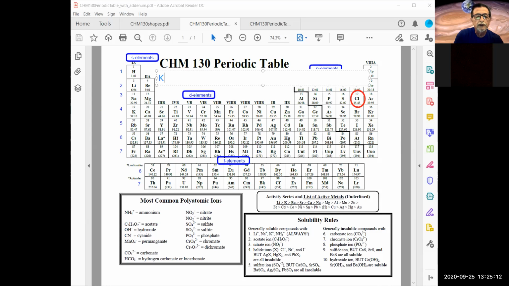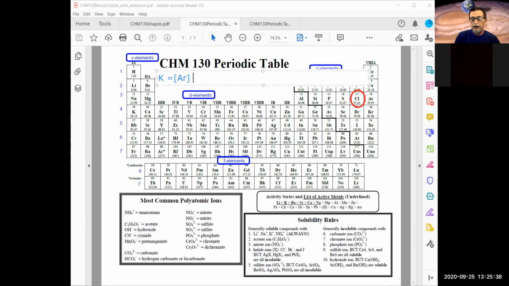Let's do the shorthand method for potassium, which is number 19. What you do is you look to see what is the previous noble gas behind it, which would be argon. And then you use the brackets, not the parentheses, and you put argon in the brackets.